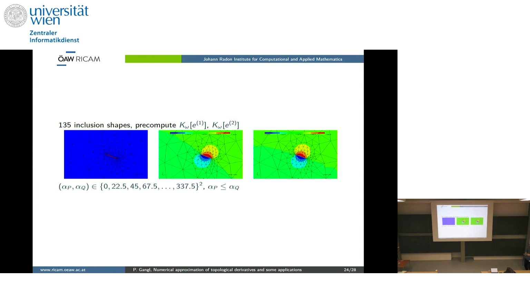So we had a total of 135 inclusion shapes, for all of which we pre-computed the exterior problems. And so we have access to both the first and second order topological derivative for all of these inclusion shapes.